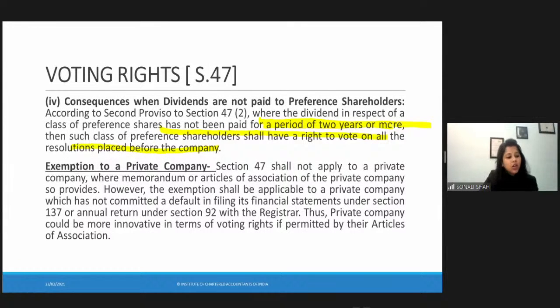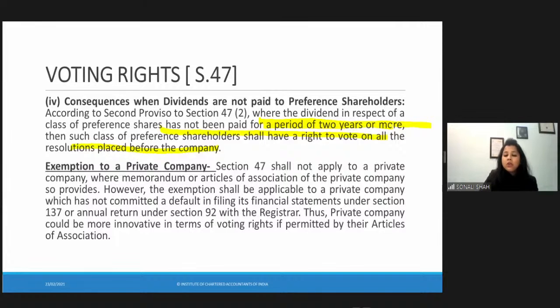If it is by special majority, it will be passed. But my idea in that question was not to determine whether the resolution will be passed or not. My idea was to explain the concept of proportion of voting rights. I hope you have understood it. Guys, are we clear on the consequences when dividends are not paid to preference shares?